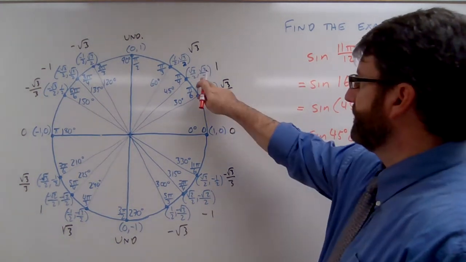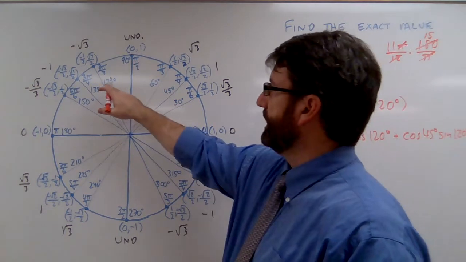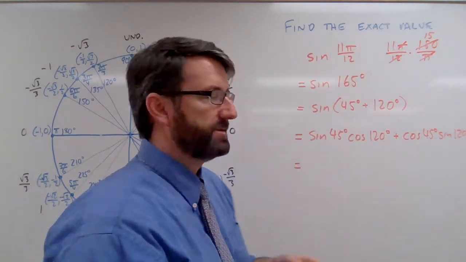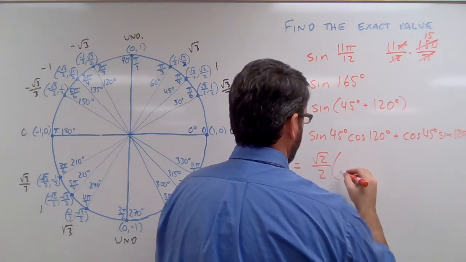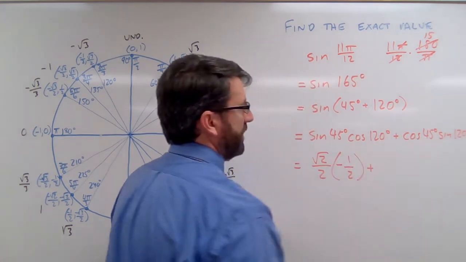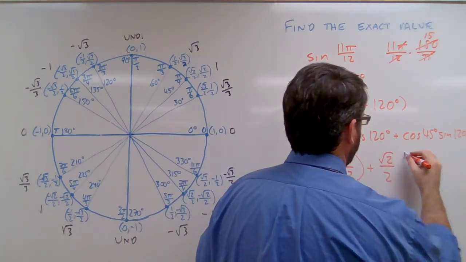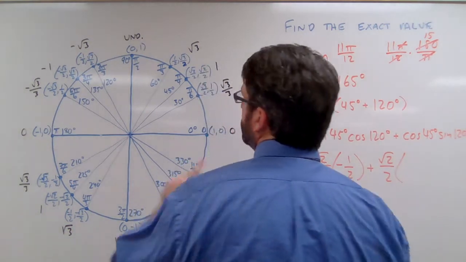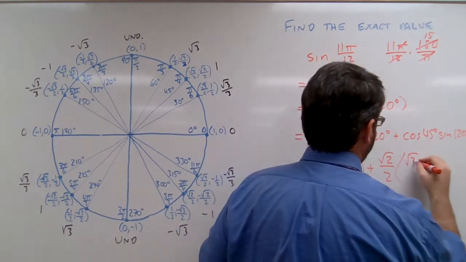The sine of 45 degrees is square root of 2 over 2, and the cosine of 120 is negative 1/2. So this is the square root of 2 over 2 times negative 1/2, plus cosine of 45 degrees is also square root of 2 over 2, and the sine of 120 degrees is square root of 3 over 2.